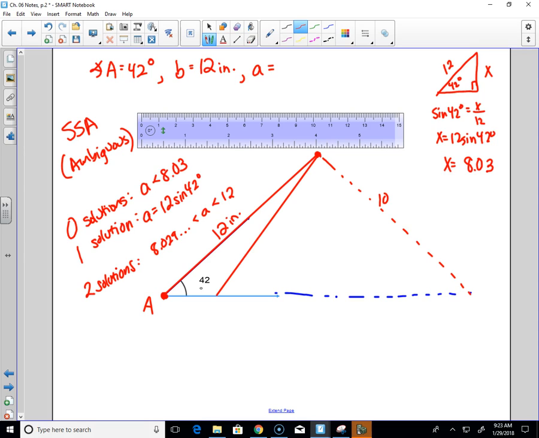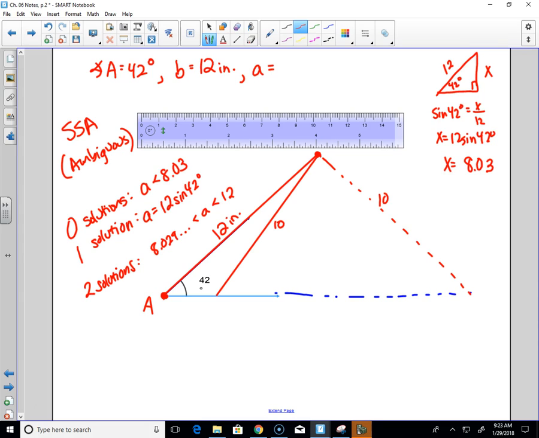If they just give you SSA, sometimes for the third piece of information, the opposite side from the angle, sometimes it's not enough to know exactly which triangle they want.